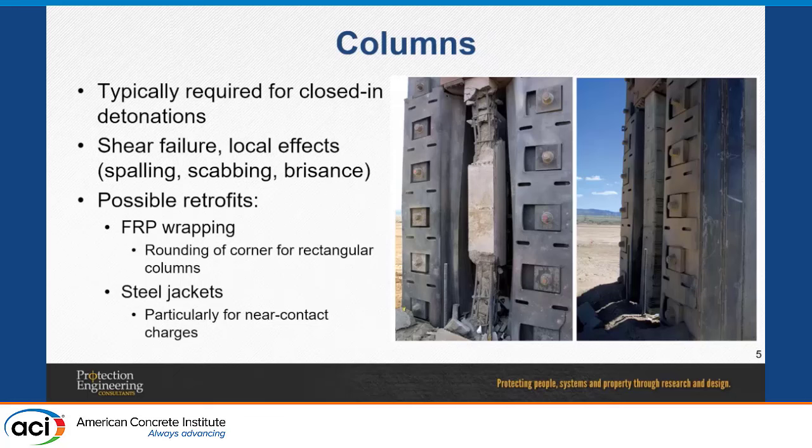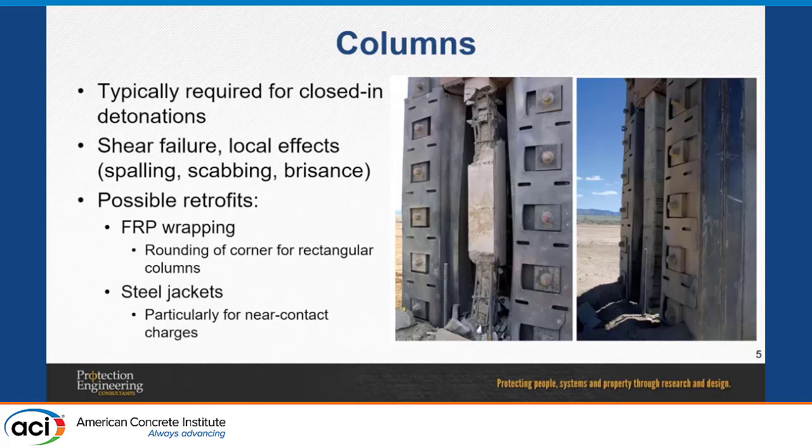That's one option. There are some papers that address this type of retrofit, and some detailing that is recommended. For example, when you have a rectangular column, a very simple detail that increases your performance is rounding the corners, because in the corners you could have concentrated effects, so you round them before putting on the FRP. So that's a good detail.